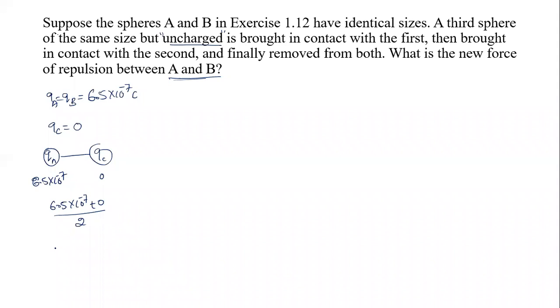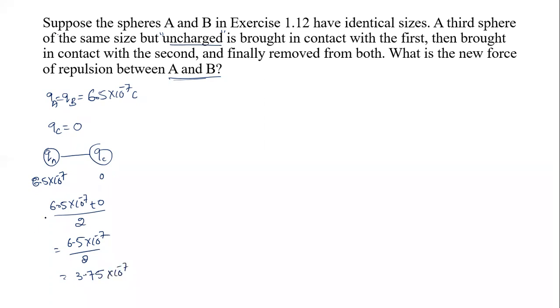So we get 6.5 × 10^-7 by 2, which is 3.75 × 10^-7.